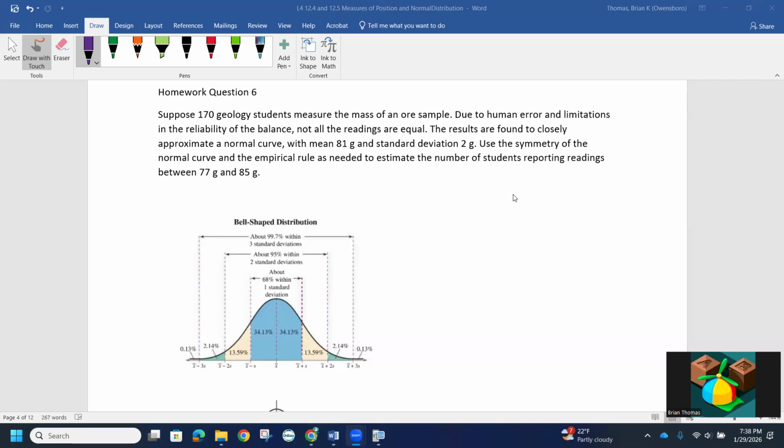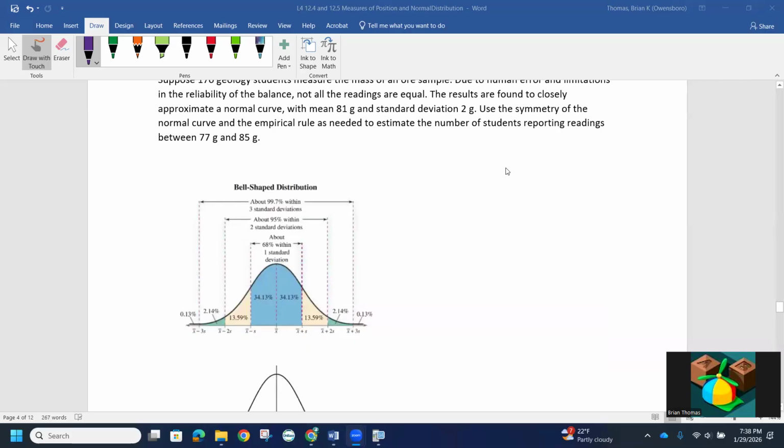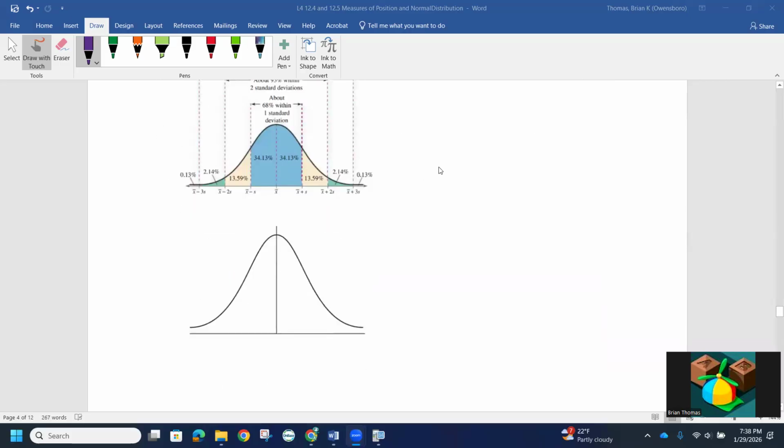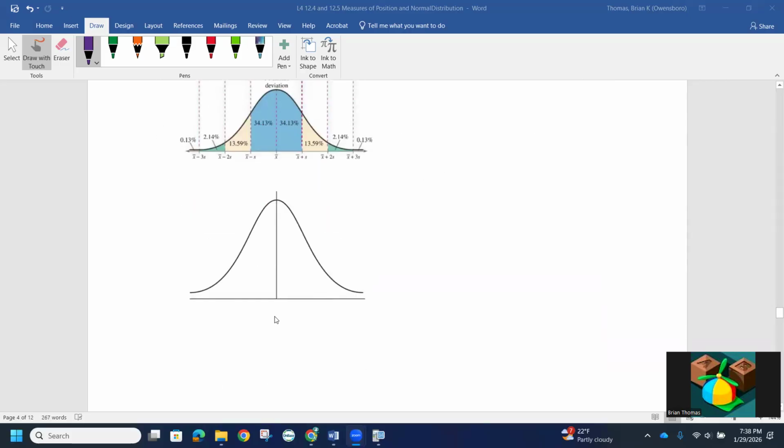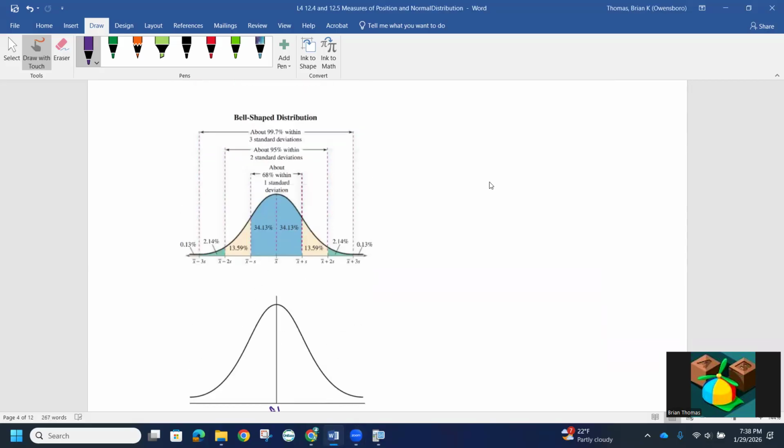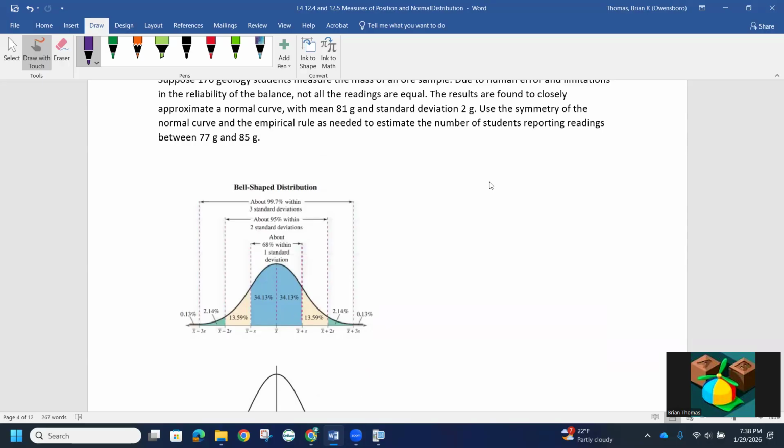So what we're looking for is, using the empirical rule, estimate the number of students reporting readings between 77 and 85 grams. Now notice that the mean was 81. So if the mean is 81, that's here, out there in the middle. So again, you can print this document out off the blackboard that I said there.